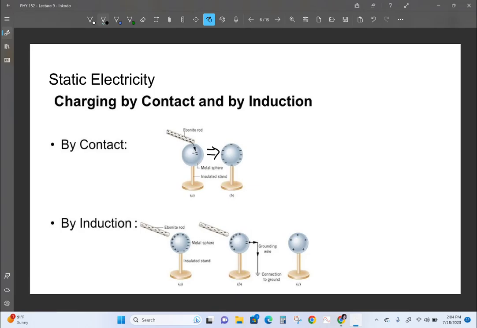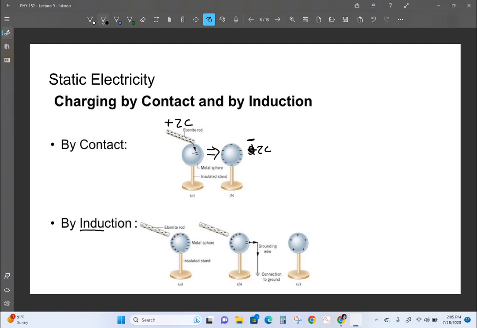So it has a net negative charge, and the object that originally had the charge is now more positive. So this gains a negative charge of 2 coulombs, then this will have lost that much and will now be more positive by that much.